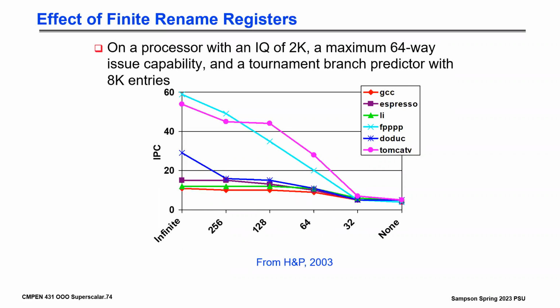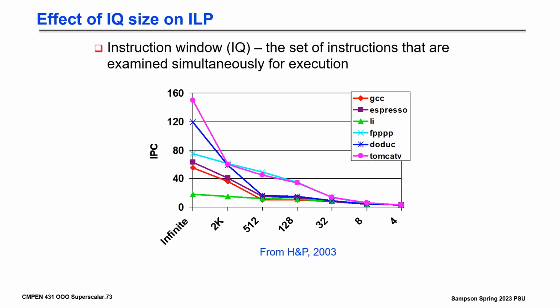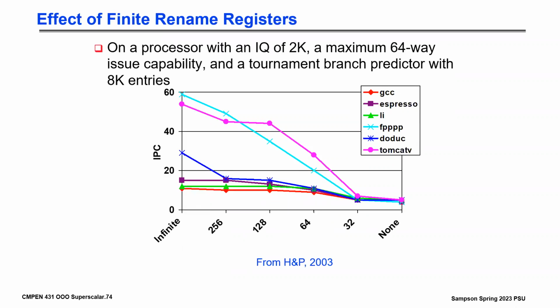So if we limit it to a large but finite IQ, so this first initial drop here, right, where we're not searching in parts of the program we're going to get to several seconds from now, then we can look at the impact of branch prediction. Oh, sorry, there's rename registers.